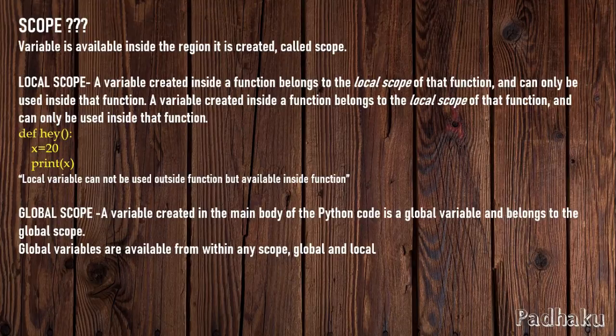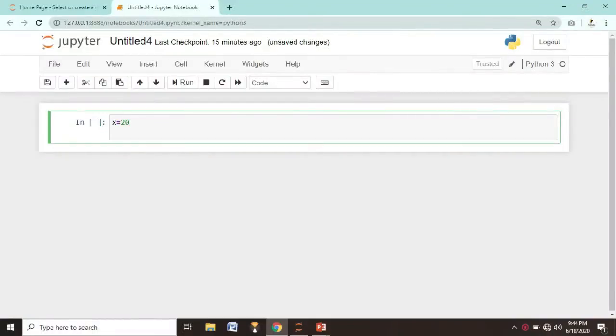Suppose x is equal to 20. We declared a variable, and now we define a function hey and print x. When we call the hey function, it will print 20, since x is a global variable and we can access it inside the function. Let me declare x equal to 20.